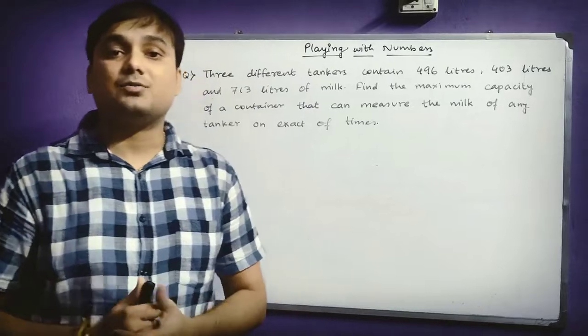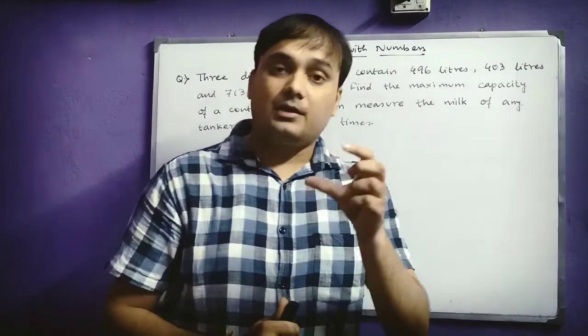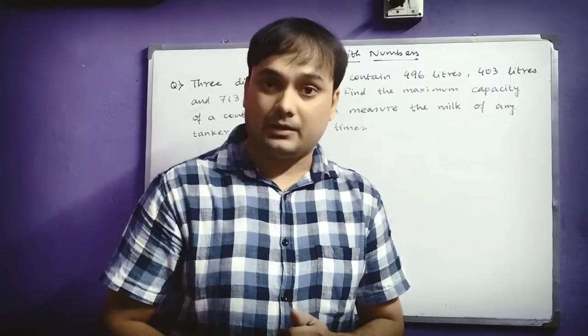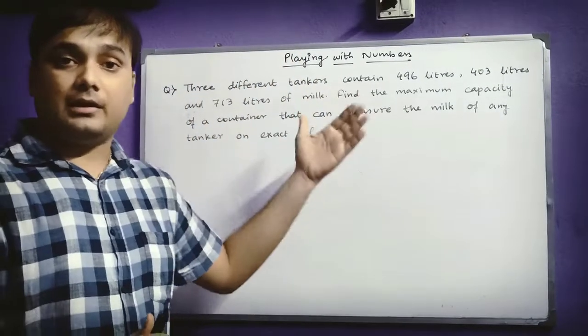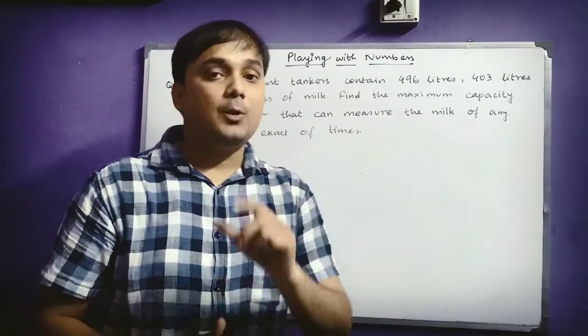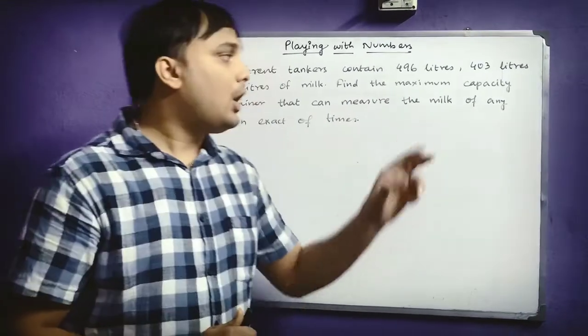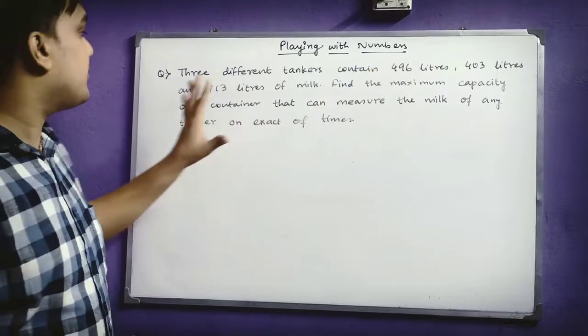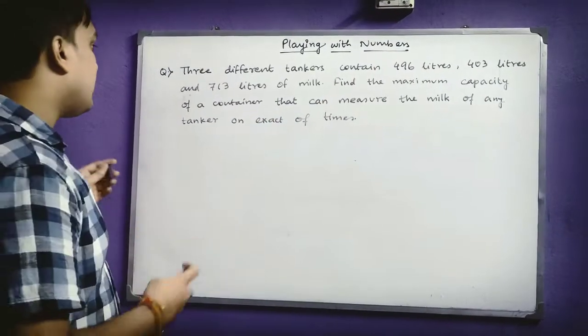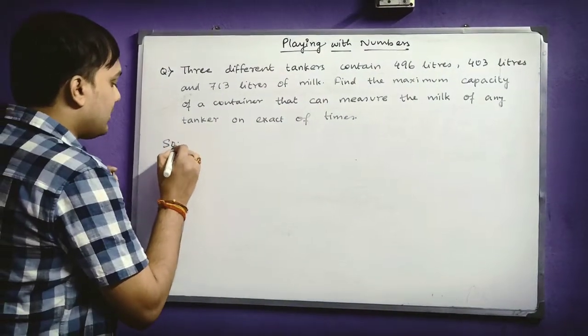So definitely students, the maximum capacity of that container which can withdraw the milk from any of the tankers an exact number of times will be the HCF of the 3 amounts. That means 496, 403 and 713 liters. So we will write here: solution.